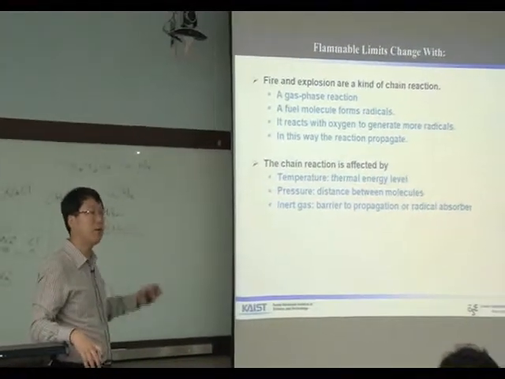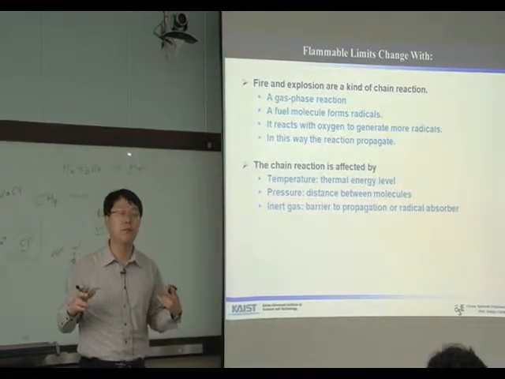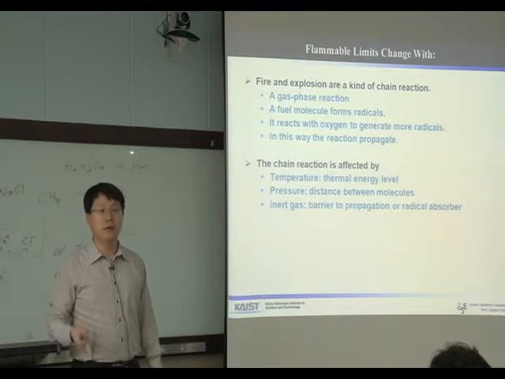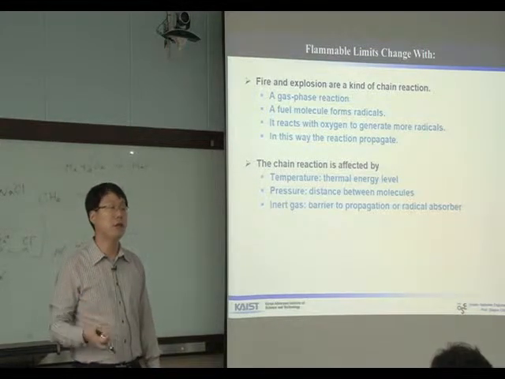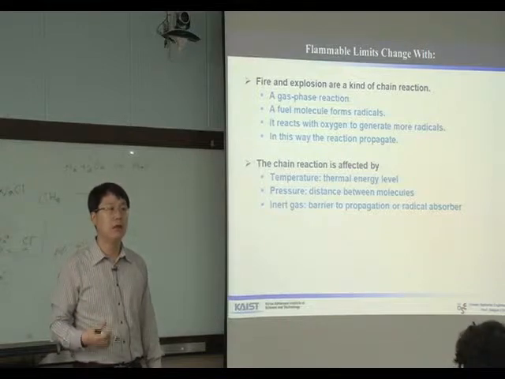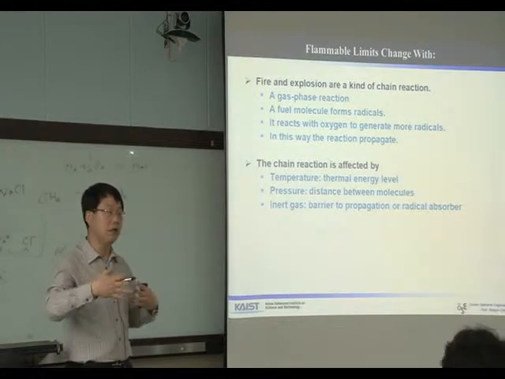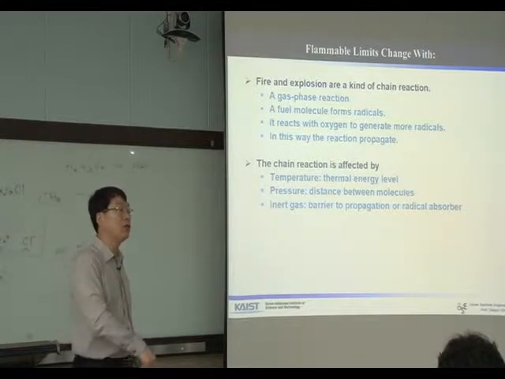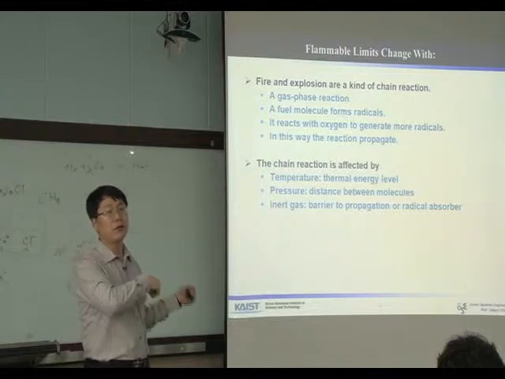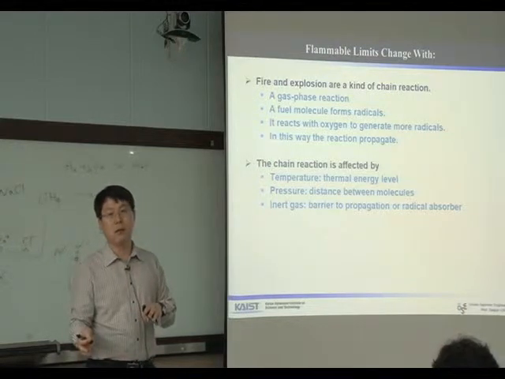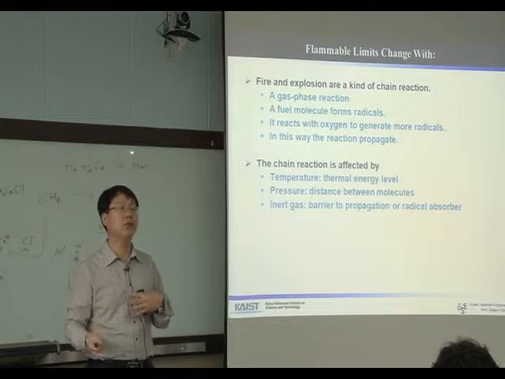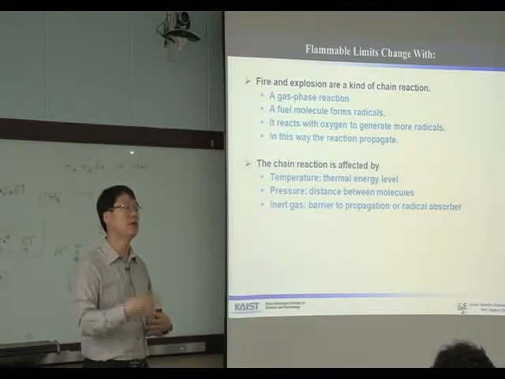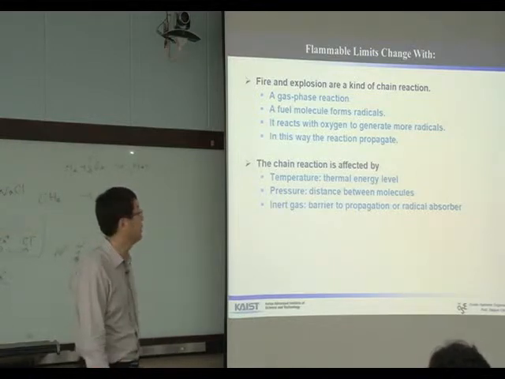The radical reacts with oxygen to form CO2 and water and radicals. So one radical generates more radicals. Then we have a kind of chain reaction. So radicals generate radicals, as well as CO2 and water. So the speed of reaction is increased.